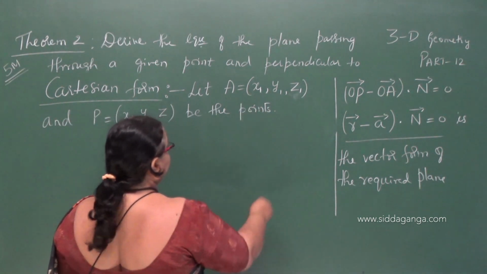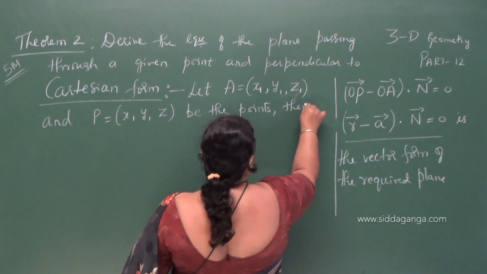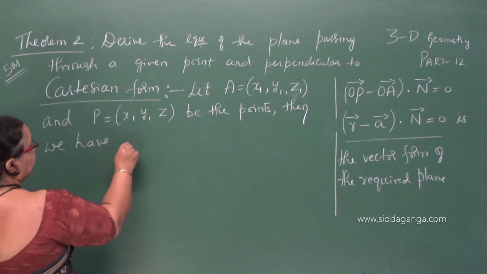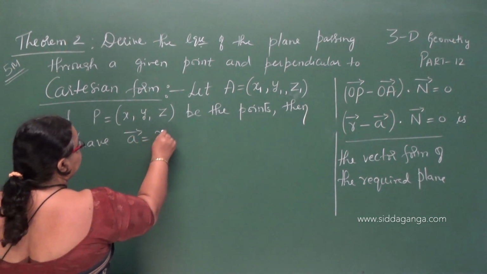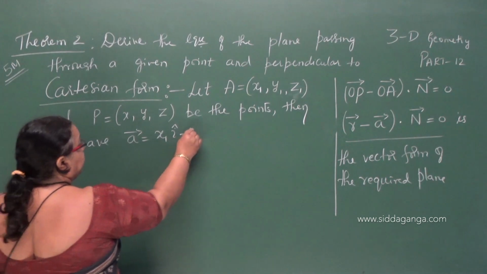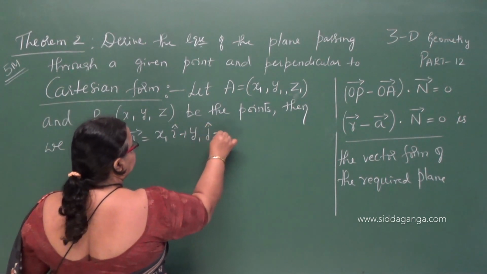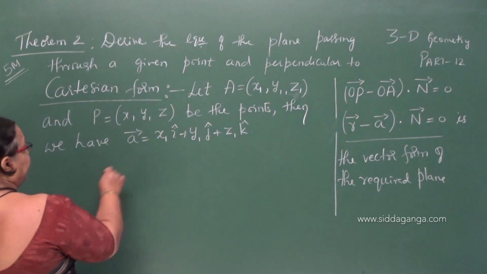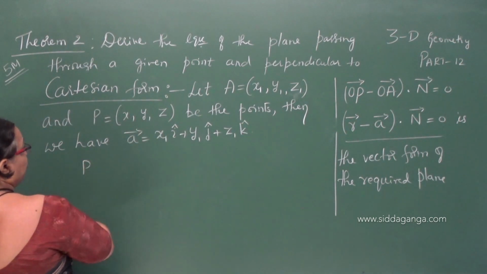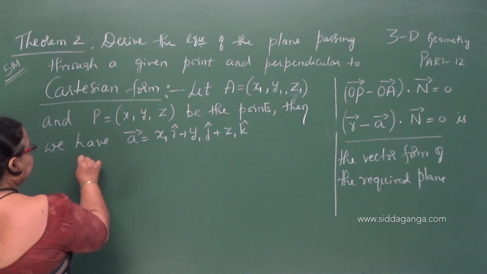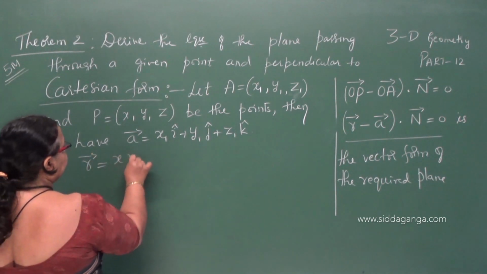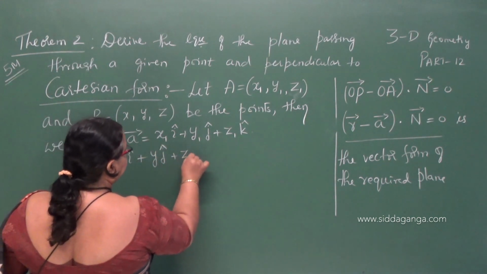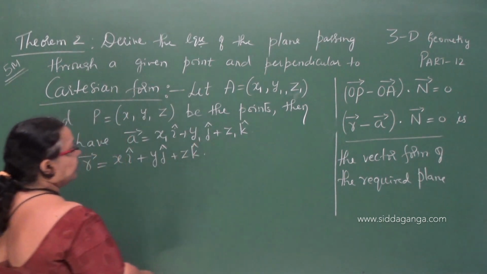Then we have vector A equal to x1 into i cap plus y1 into j cap plus z1 into k cap, and vector OP, taken as vector R, equal to x into i cap plus y into j cap plus z into k cap.